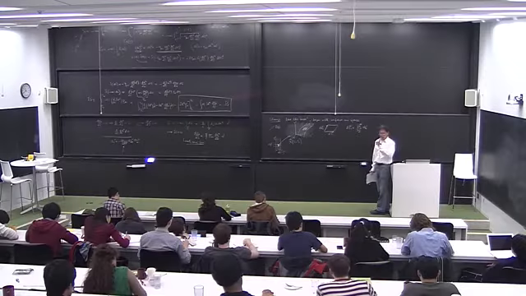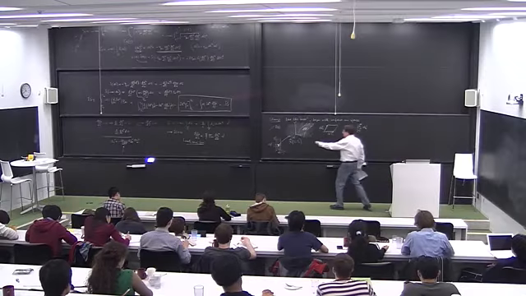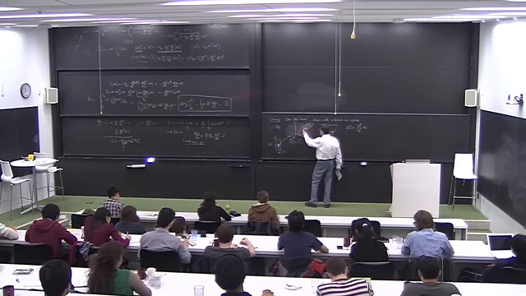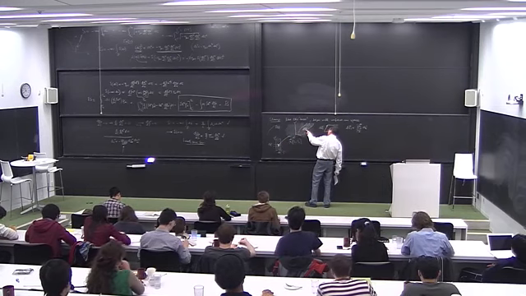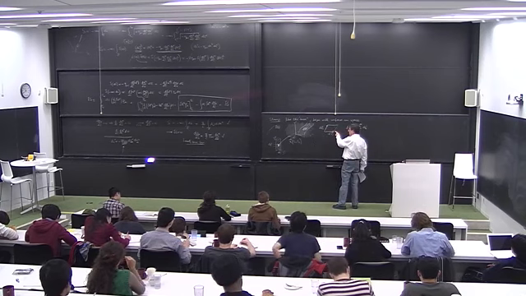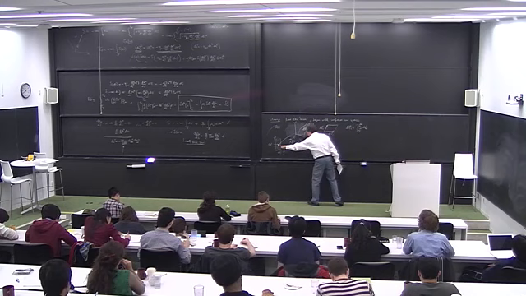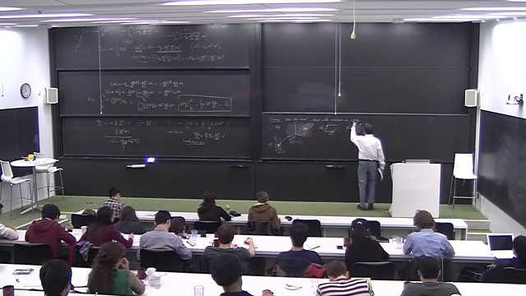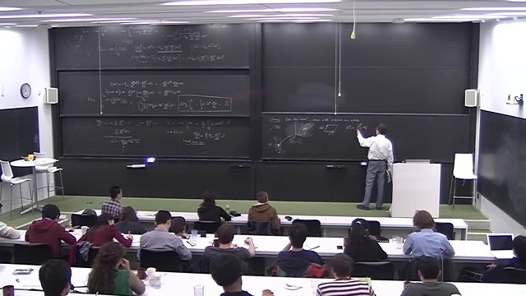Try to imagine why this is so. If you move a little in psi 1, how much do you move in space? Well, that's what we mean by moving in this direction. The vector dv1 is what you end up moving in space when you move in the parameters by d psi 1. So how much is it? It's the rate of change of x with respect to that parameter times this thing.